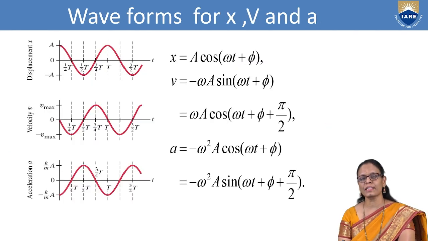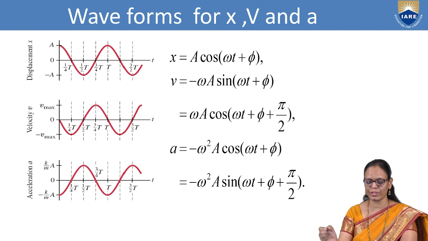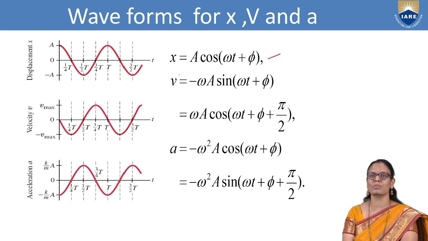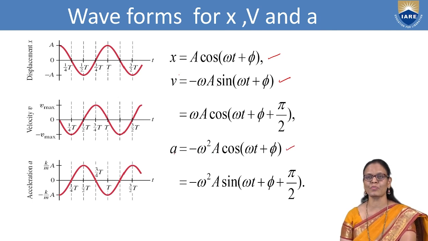So if you want to see the waveforms, all these expressions we have derived: x is equal to a cos omega t plus phi. The velocity is given by minus omega a sin omega t plus phi. Acceleration is given by minus omega square a cos omega t plus phi. Now, if this phi here is the initial phase and it is 0, then we have x is equal to simply a cos omega t.